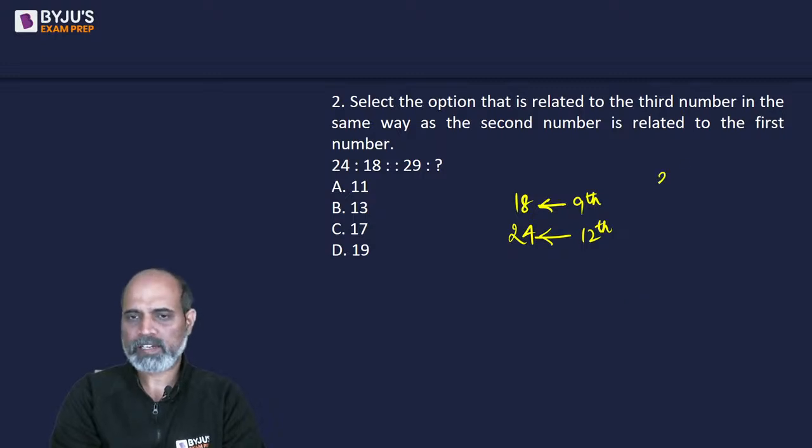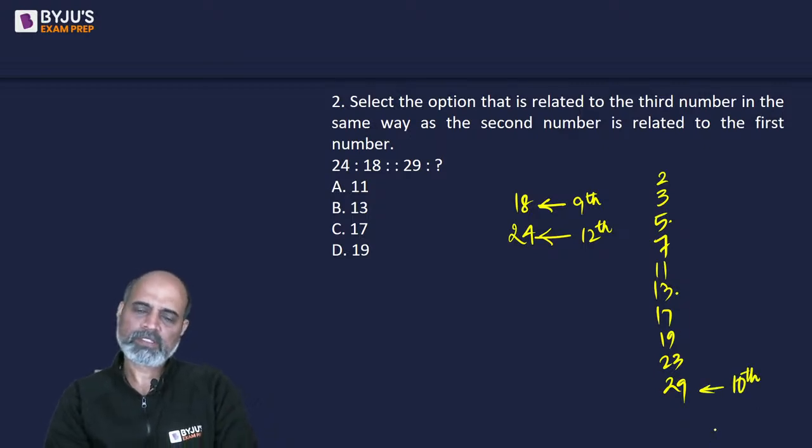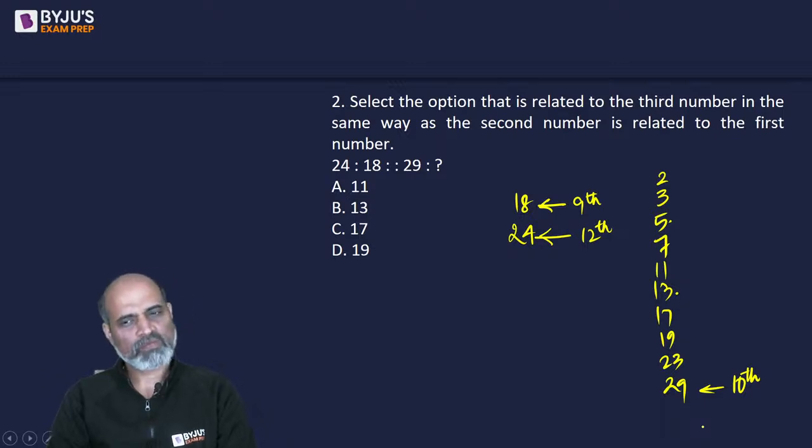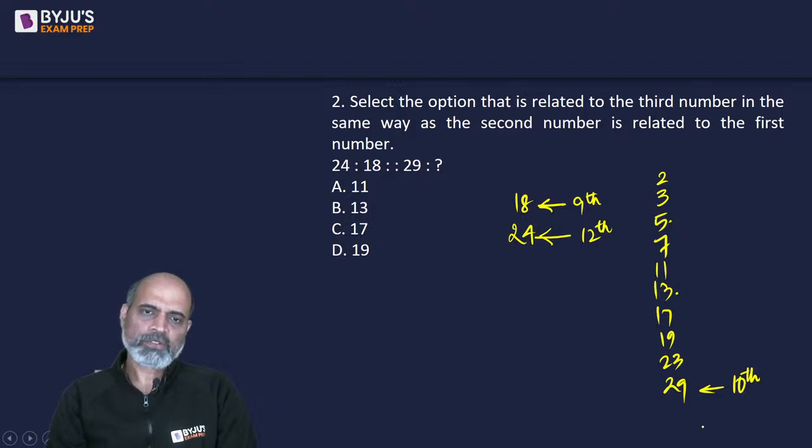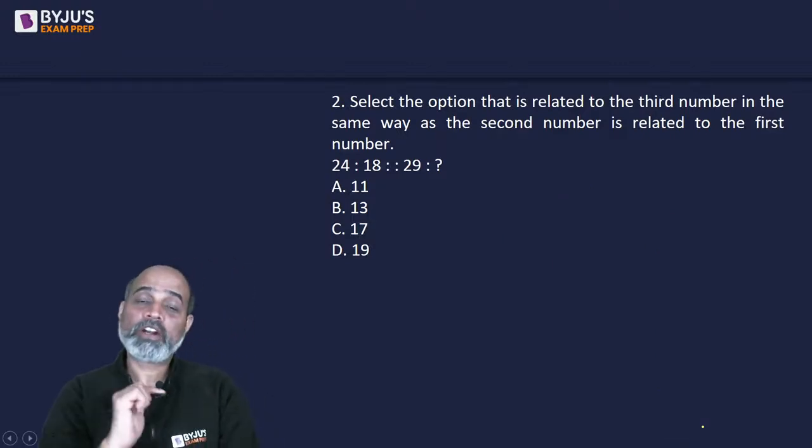If you talk about 29, 2, 3, 5, 7, 11, 13, 17, 19, 23, and 29, this is our 10th. नहीं, 10th तो नहीं होना चाहिए. It's not even about odd and even.